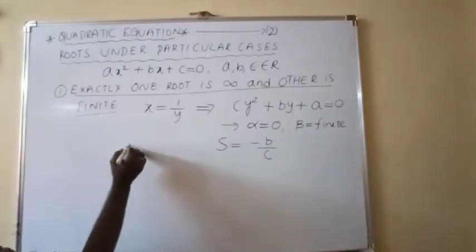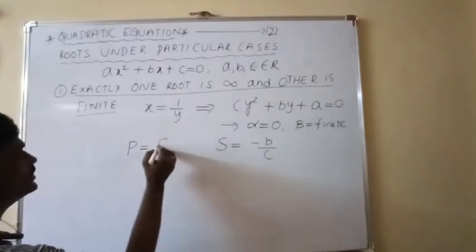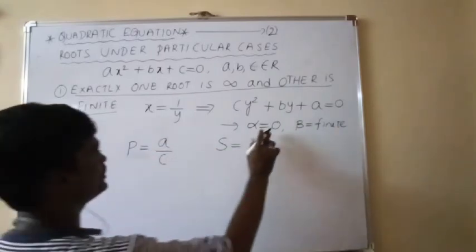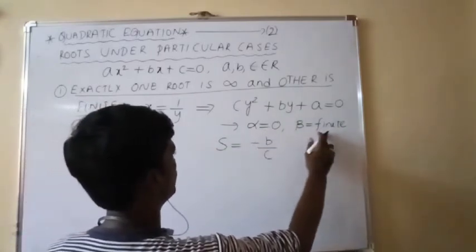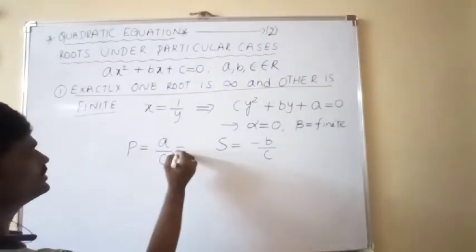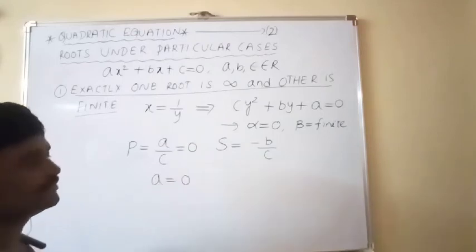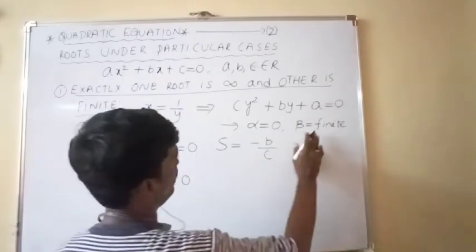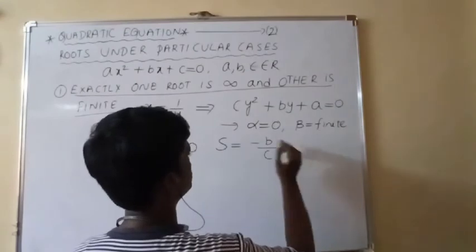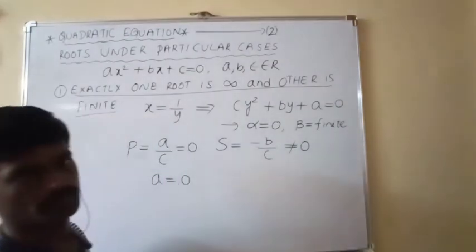Product of the roots is a by c. As one of the roots is 0, the product of the roots becomes 0 only. That means a by c is 0, which implies a is 0. And the other root is finite, so the sum of the roots should not be equal to 0.